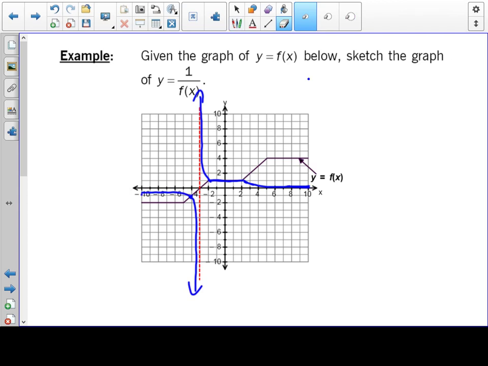So what we've drawn in blue is what the reciprocal function of this function will look like. And again, it's the asymptotes that help give the reciprocal functions the nice curvy nature that they have. Okay?